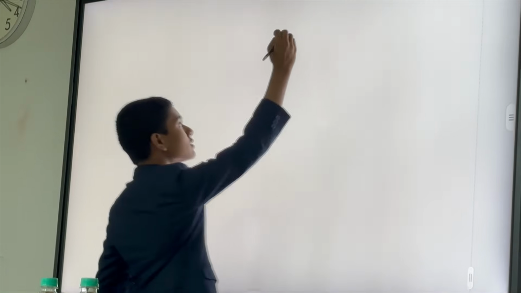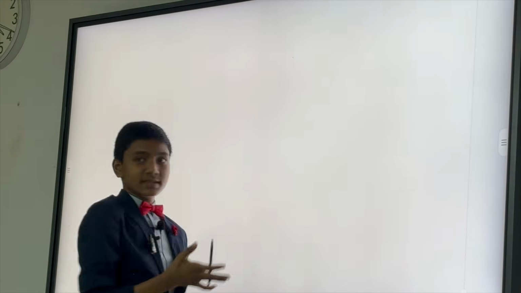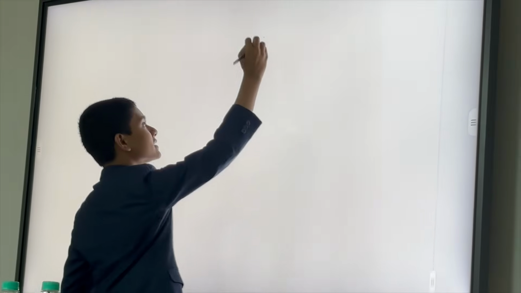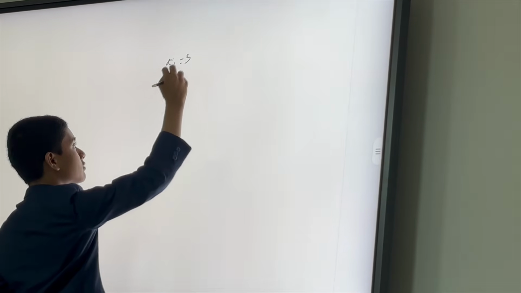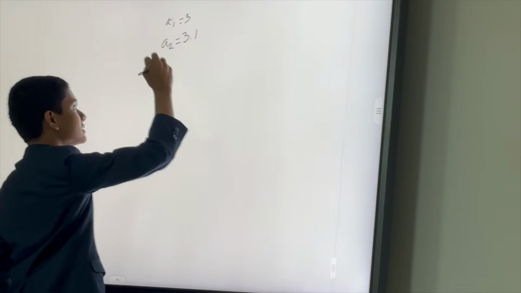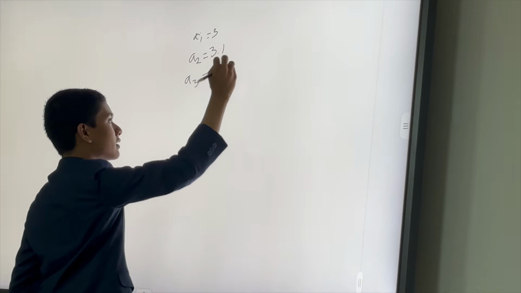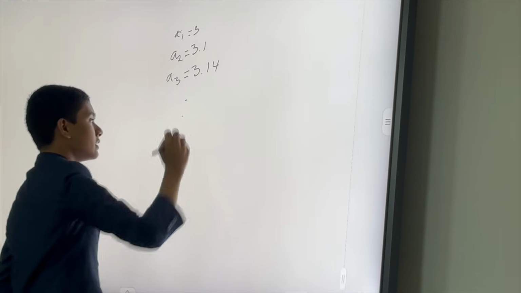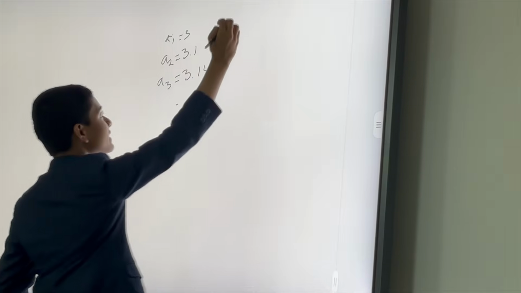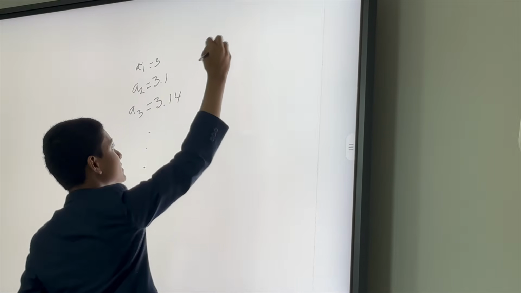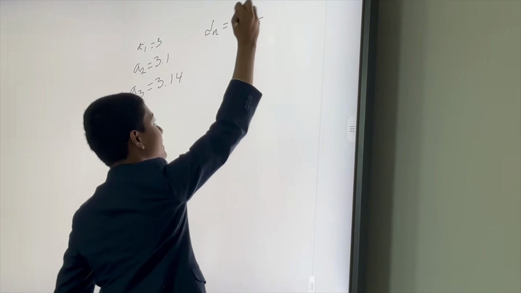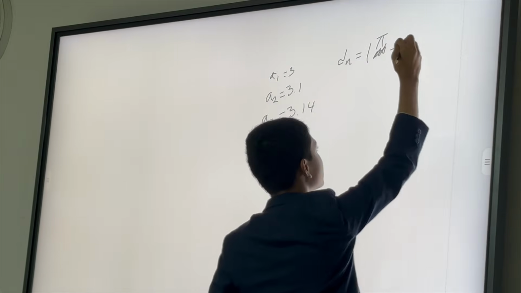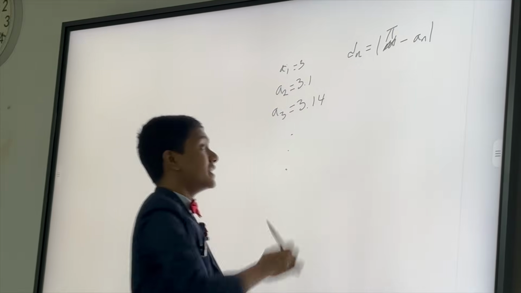So now, let's see if we can measure the speed of the approximation that we used for pi earlier. A1 is equal to 3, A2 is equal to 3.1, A3 is equal to 3.14, etc. Now, let's write d_n, where d_n is just the magnitude of the number we're approximating, in this case pi, minus the nth approximation.